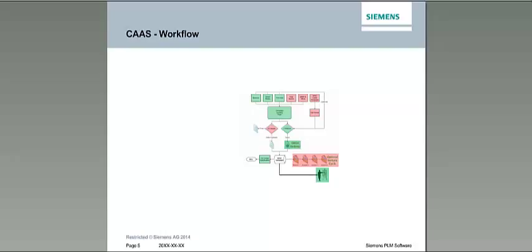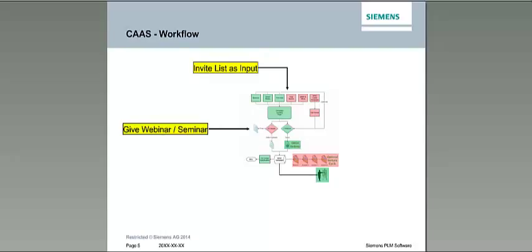What we do in that campaign as a service pilot is basically that we have a box around it, and there are two things you have to do. You have to set up the invite list as an input, and obviously you provide the webinar slash seminar. Everything else is done by that service.